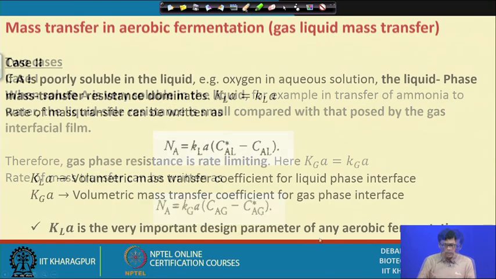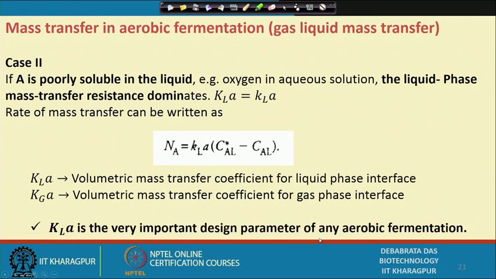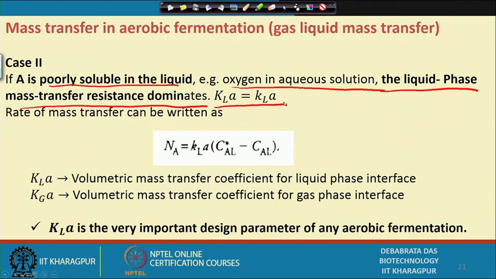This is when your solute is largely soluble in the liquid phase. Now, in the second case, if A is poorly soluble in liquid, as for example oxygen in aqueous solution, the liquid phase mass transfer resistance dominates. There we can write capital K_La equal to small k_La, and the rate of mass transfer can be written like this.